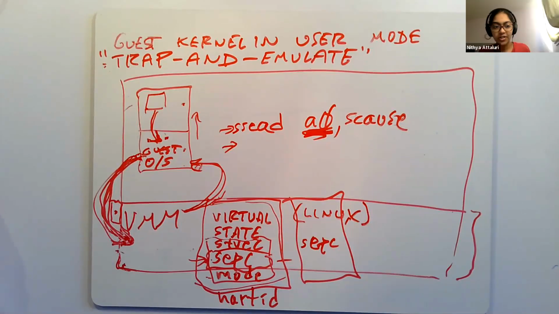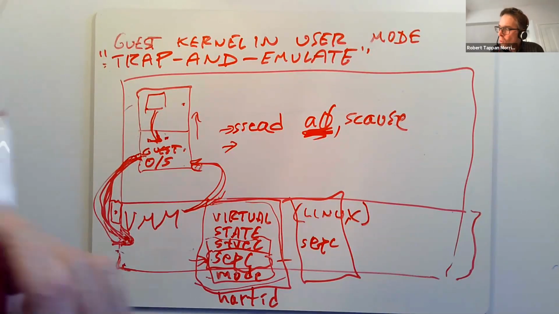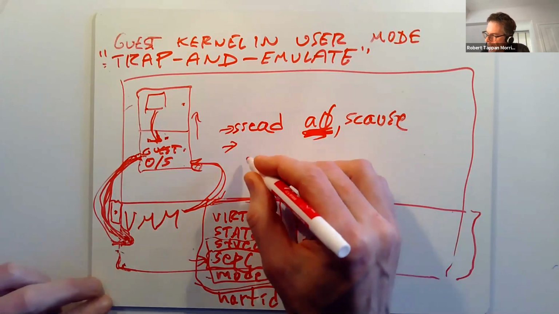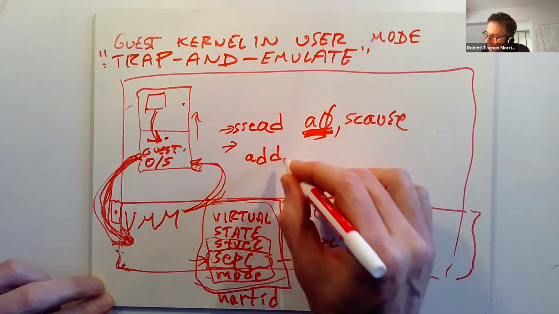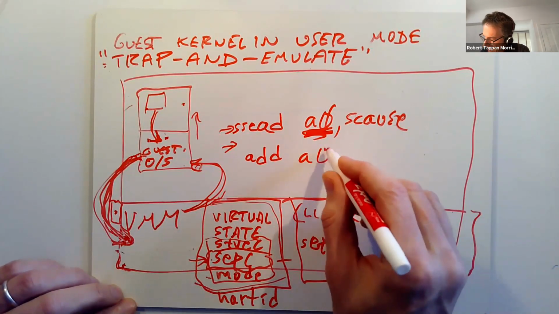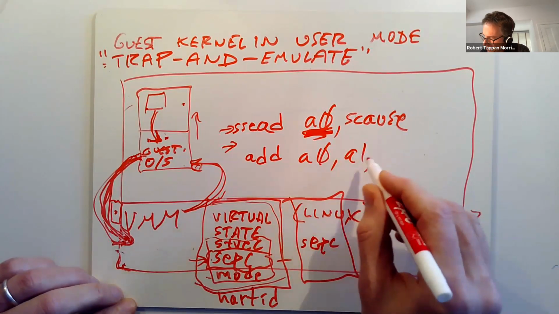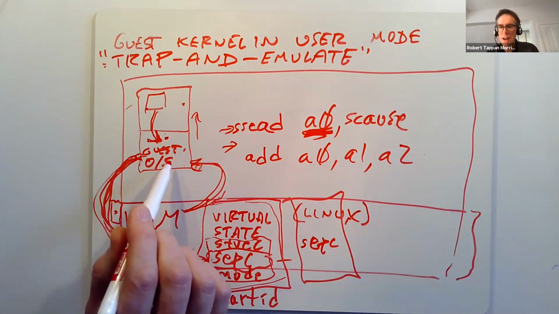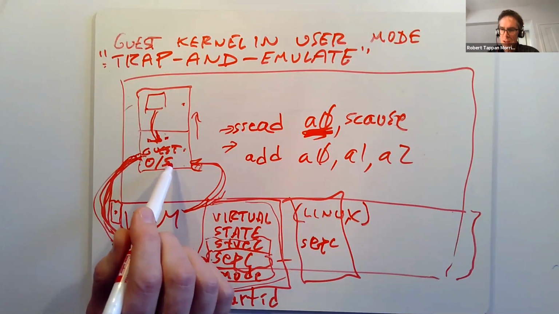I have a quick question. So does anything actually run in the guest OS itself, or does it always trap into the virtual machine monitor? All ordinary instructions, like if you just have an add instruction that adds, I don't know how to write this RISC-V assembly, but let's just say you add A0 to A1 and you want to put the result in A2. That instruction just executes directly on the hardware at full hardware speed.